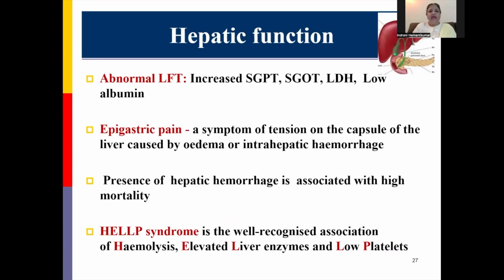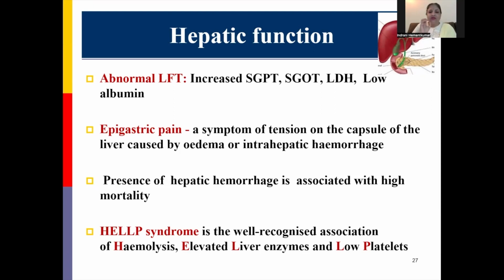Patient can develop abnormal hepatic function. There is a rise in the enzymes. Patient can develop epigastric pain. And if you find a pregnant patient coming with severe epigastric pain in the casualty, you know that you're dealing not with a patient in labor, but a patient who has developed HELLP syndrome.